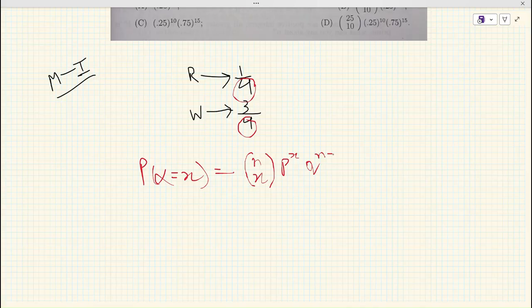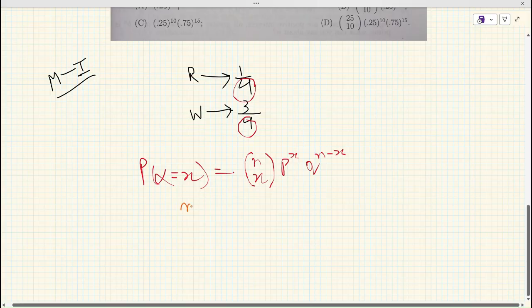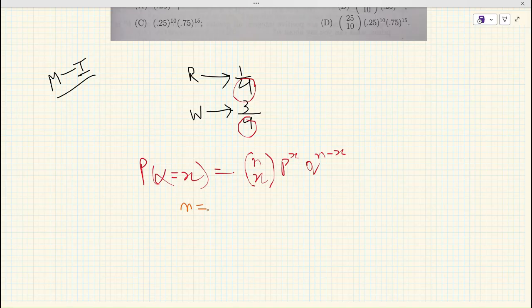Here in this context, n is 25, p is 1 by 4, that is 0.25, and q is simply 0.75. So it's pretty easy to predict what the answer will be.